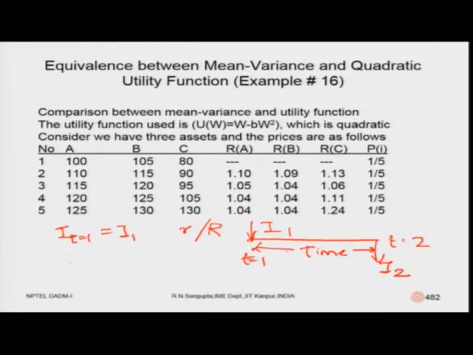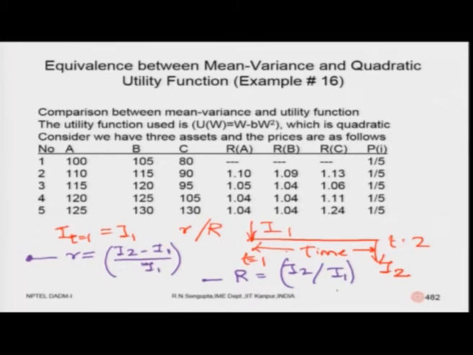In this case, if you want to find out small r, it will be equal to I2 minus I1 divided by I1, then you can find the percentage of this. And if you want to find out capital R, it will be equal to I2 by I1. So, you can find it out accordingly.